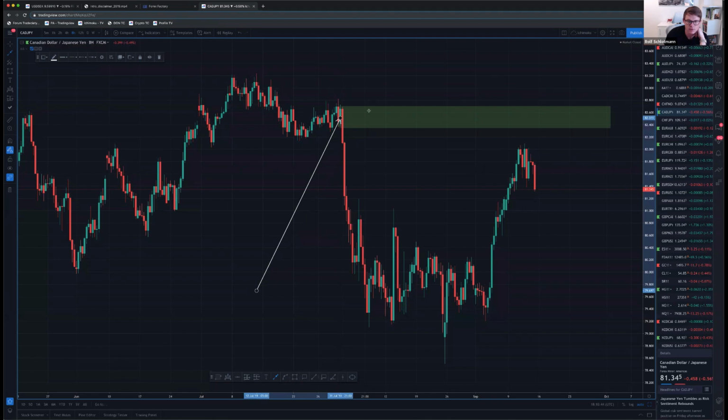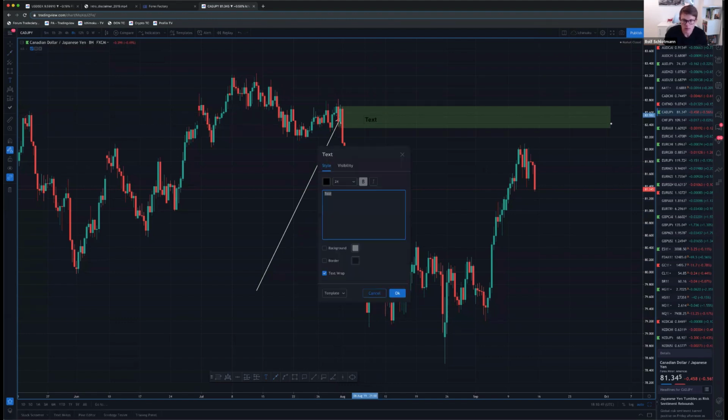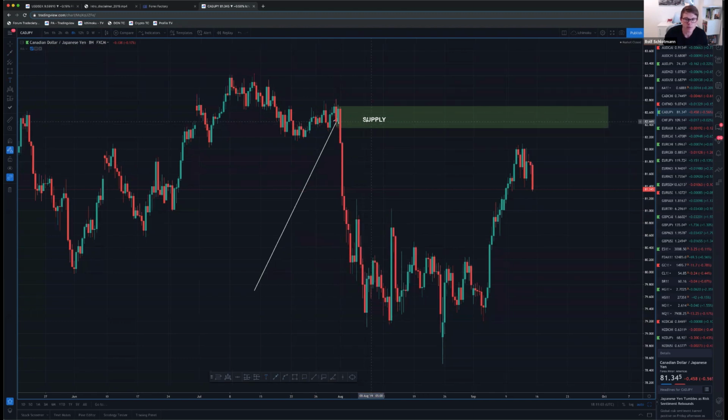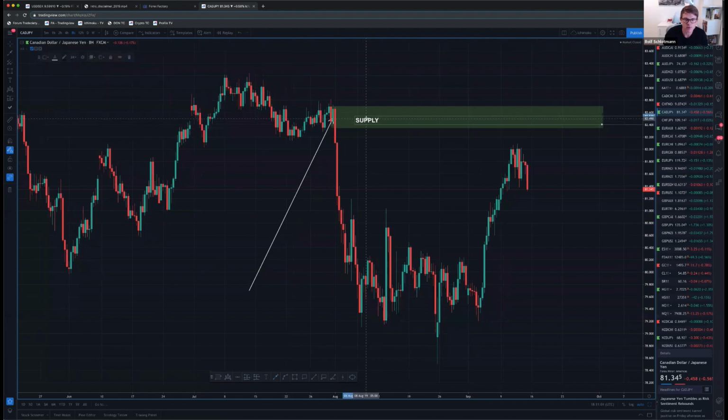If I find my tool. Okay, this is not really that helpful. Let me show so that you can see it. So this will be a supply area. And then how you trade it, there are many, many different ways how you could trade it with pullbacks. Immediate pullbacks are very, very interesting for supply and demand.